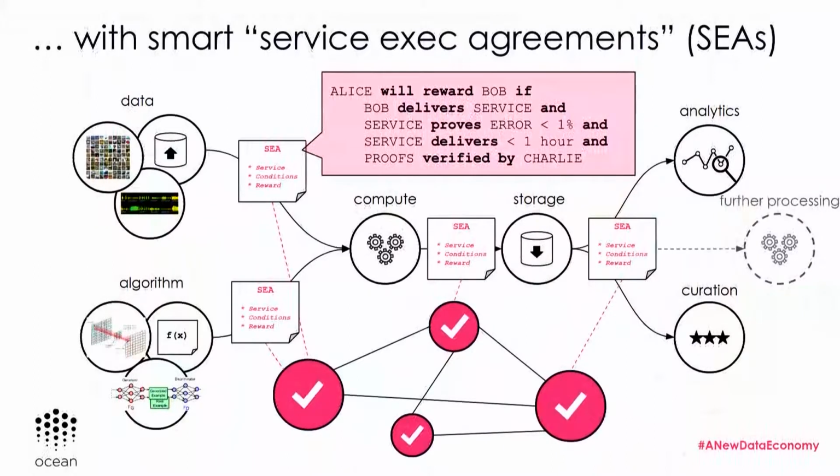Did you do your actions correctly? What's the reward we're going to give you? Is there some kind of dividend we're going to give back to the community? So it's very flexible, very modular, and we call it service execution agreements, only because we can then shorten it to SEAs. And remember, we're Ocean Protocol.